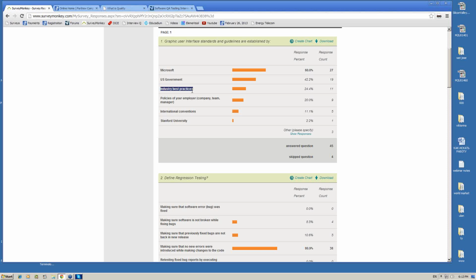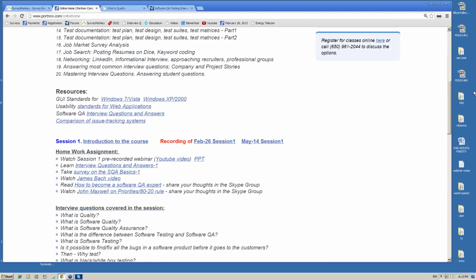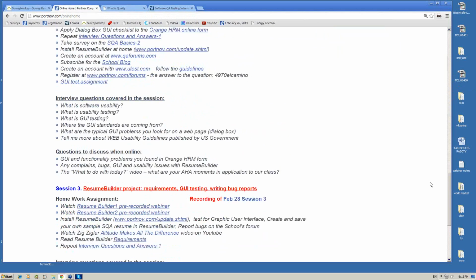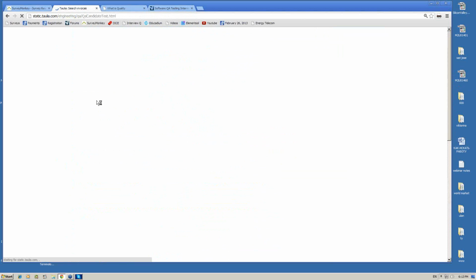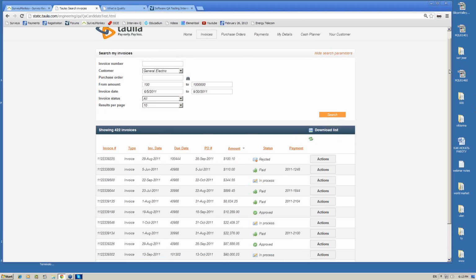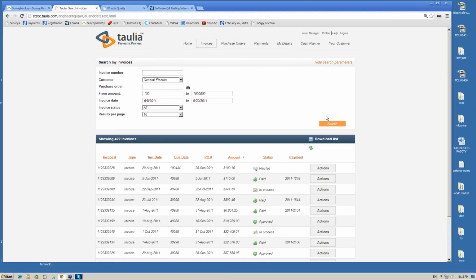As an example, let's say if we go to the Tolia page, the one we used as an example of GUI testing last time, let me go there. Look at that. Here is the web page, and then it says from amount, and then it says 100, and then whatever, 100,000 or million.